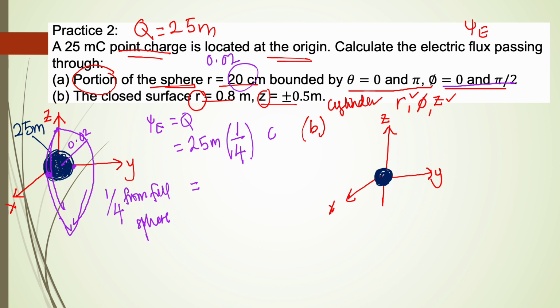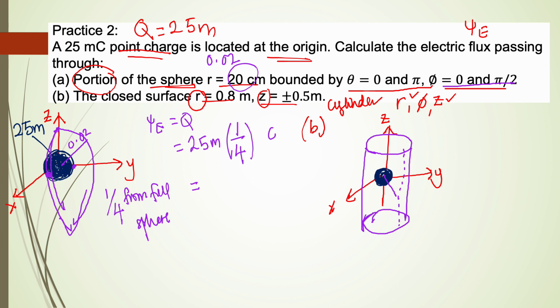Then we draw the cylinder, where R is given as 0.8, so 0.8 is here. It has a height of positive 0.5, so this is positive 0.5 and down here is negative 0.5. We assume that it is a total cylinder, meaning the whole cylinder.